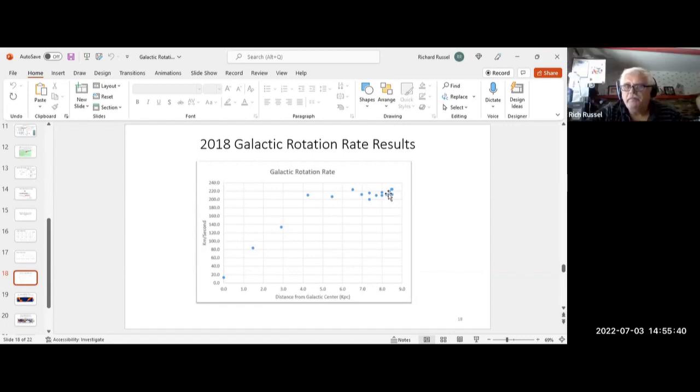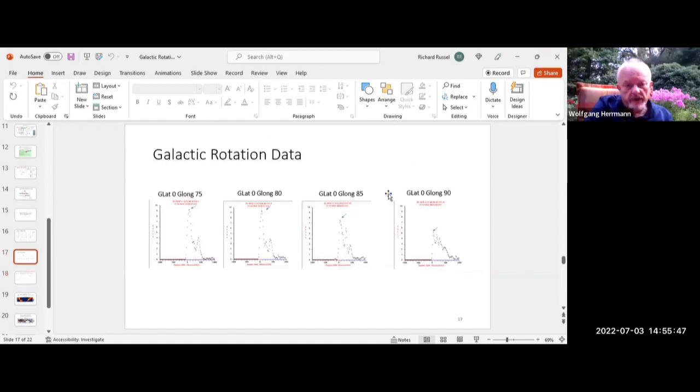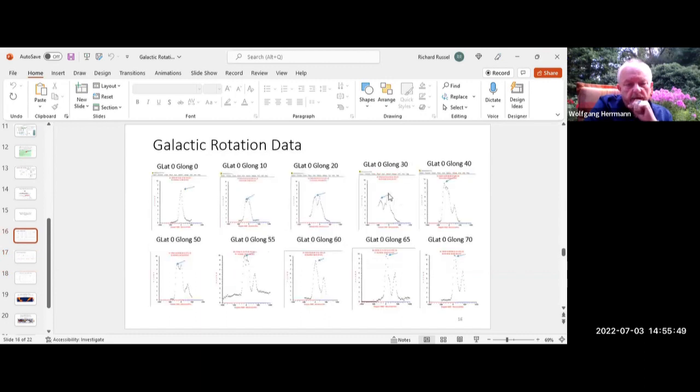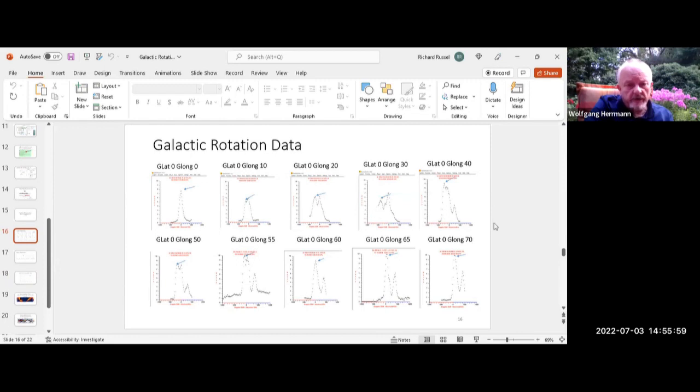That has to do with the fact that you're looking at a tangent point, and you really want to be exactly at the tangent point, especially in the area where you're closer to the galactic center, that is lower galactic longitude, you will see some weaker signals that extend out.